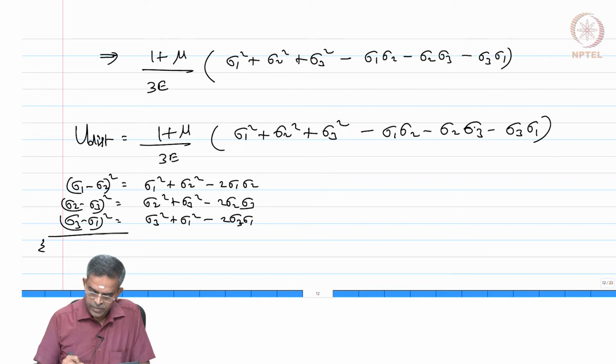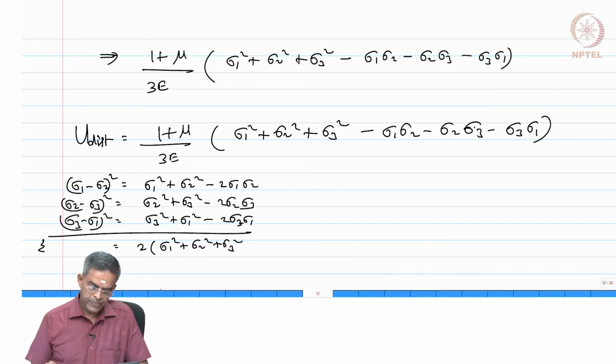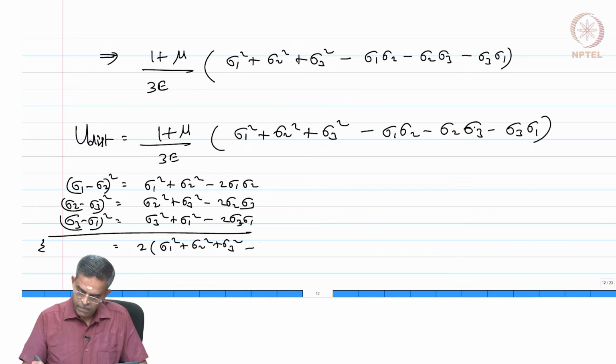Let us sum them up, which will be equal to twice of σ1 square, σ2 square and σ3 square, okay, minus the products.